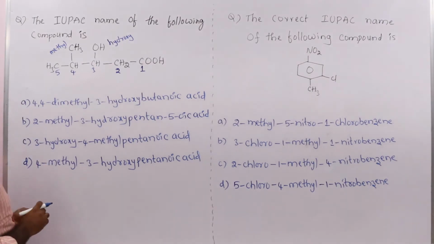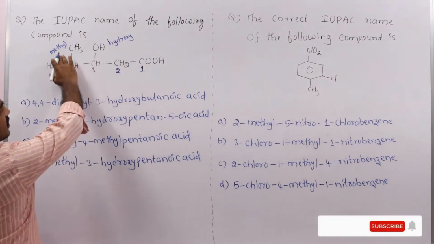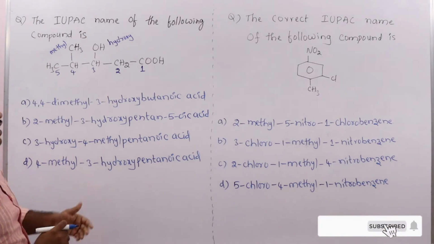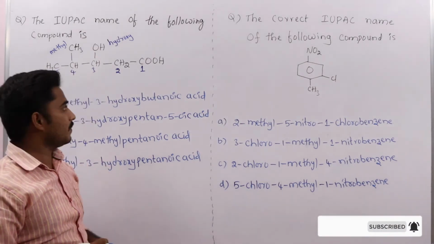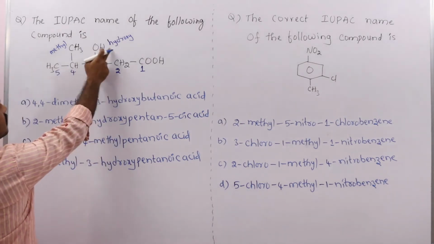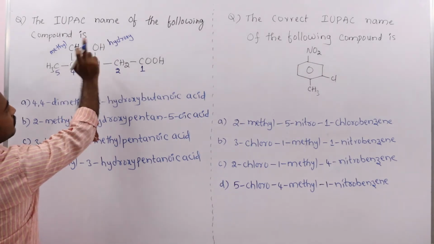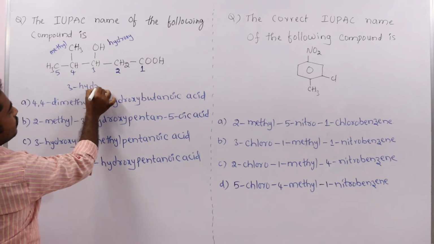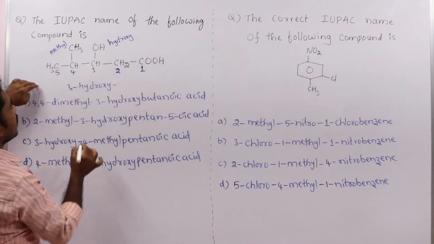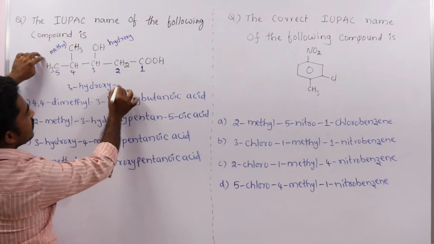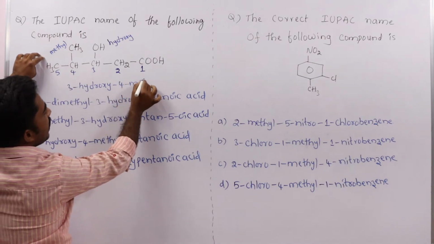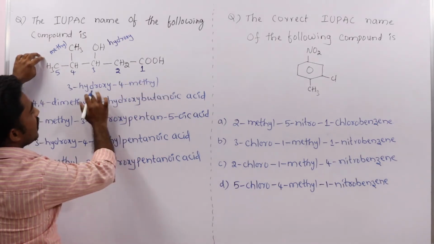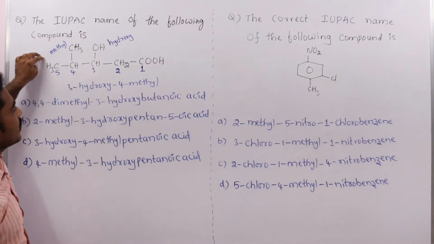While writing the name, substituents must be written in alphabetical order. Which one comes first alphabetically? Hydroxy comes first, so 3-hydroxy. At the fourth position, methyl is there, so 4-methyl.